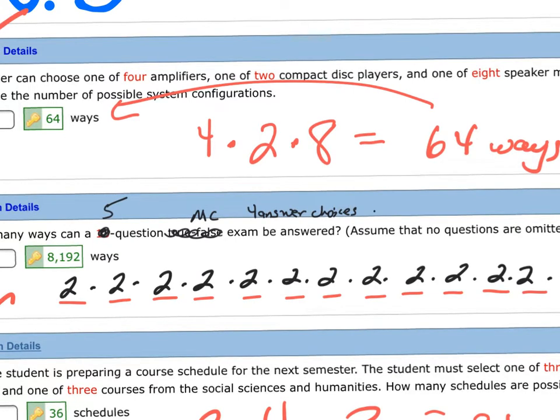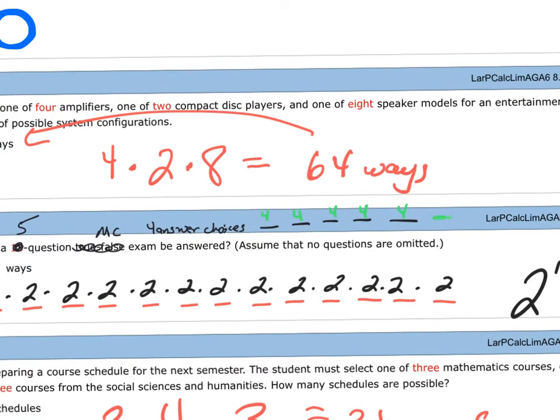So I have 5 spaces, and for each space, how many possibilities? 4. So it's 4, 4, 4, 4, 4. It's not 5 times 4. This case would be 4 to the 5th power: however many answer choices you have per question, raised to the however many questions you have.